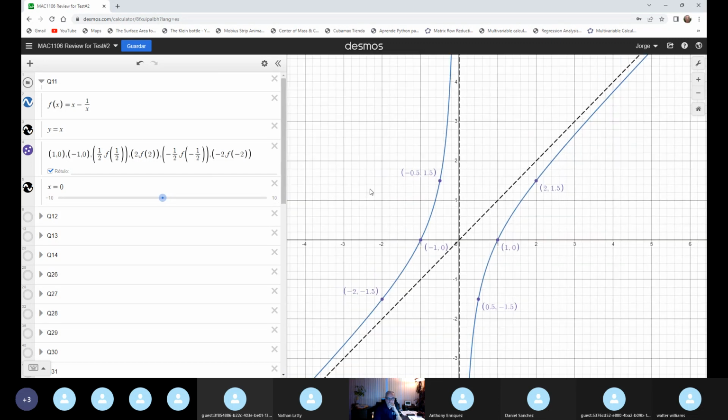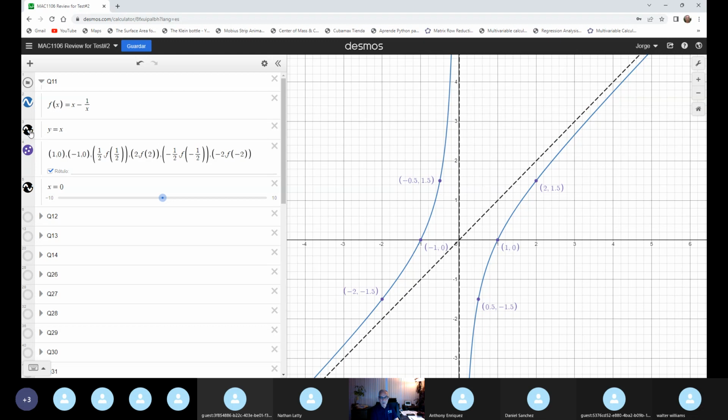Let me summarize. I investigated by hand that we have no y-intercept. It's obvious: the graph in blue never touches the y-axis. The reason is clear, because on the y-axis we have a vertical asymptote. We have a slant asymptote.